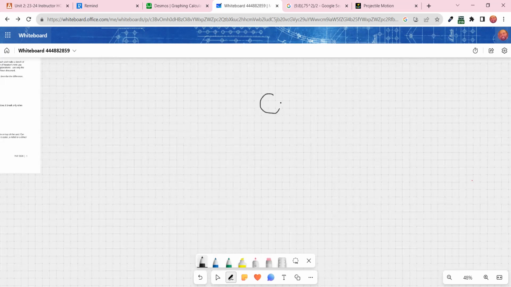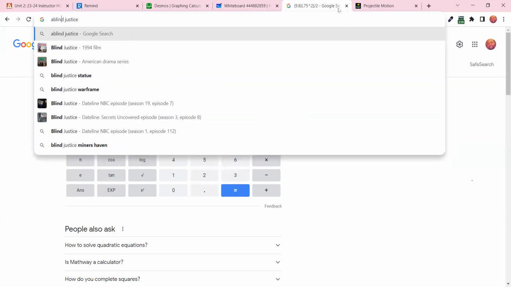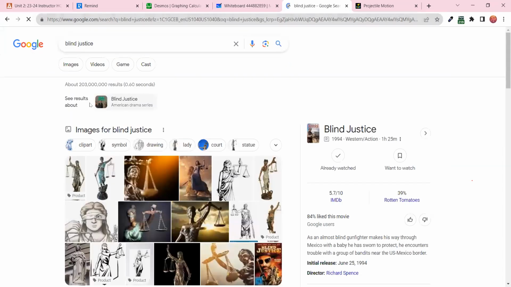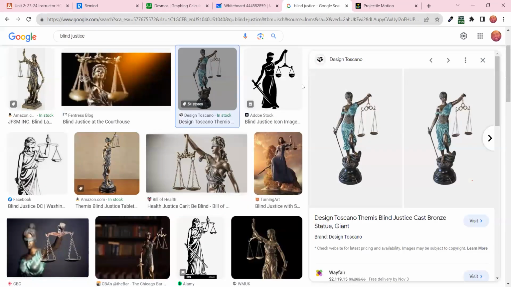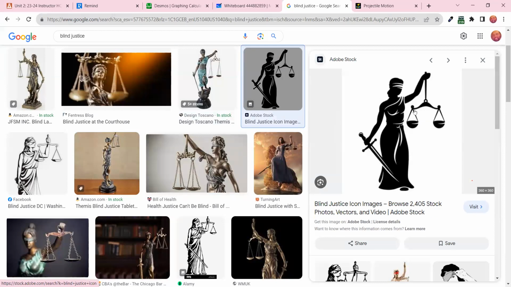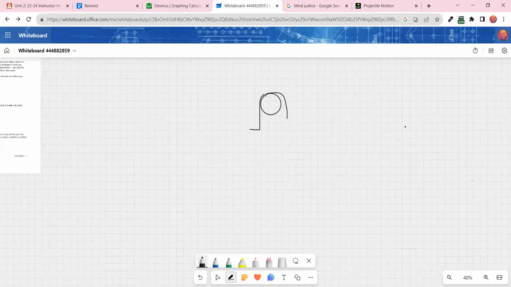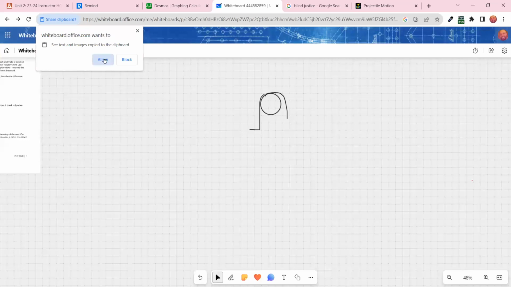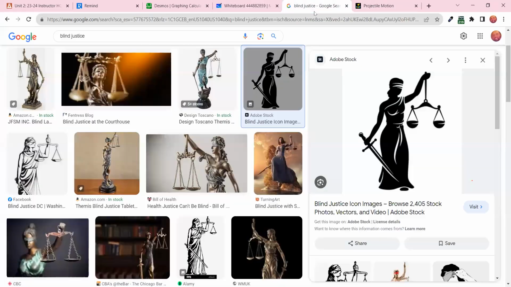This is called an Atwood machine. An Atwood machine is simply a pulley. Think of it like blind justice, the little statue I'm talking about. It's kind of like this. If I can just copy this picture, copy image, paste image.